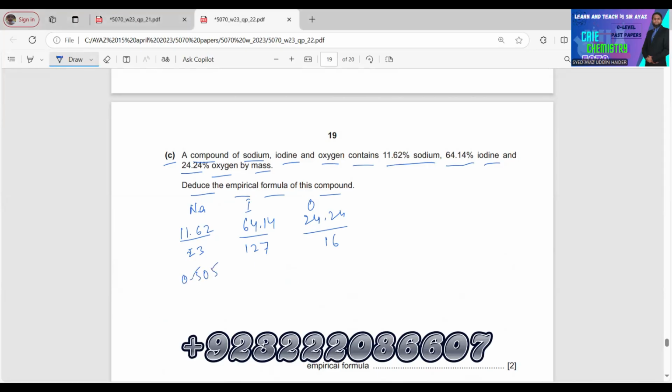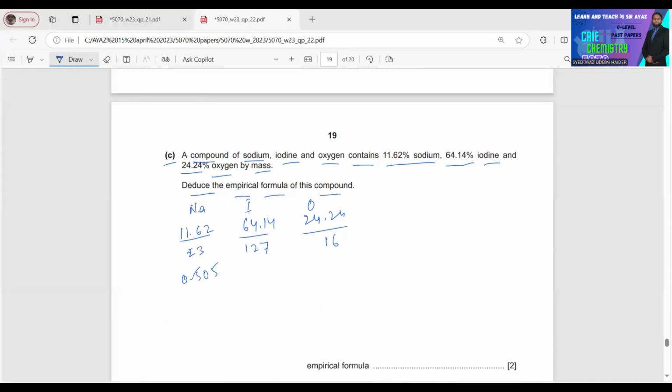What about iodine? 64.14 divided by 127 is 0.505. Oxygen, 24.24 divided by 16, 1.515. The smallest combining ratio here is of sodium and iodine, and they are the same, 0.505.